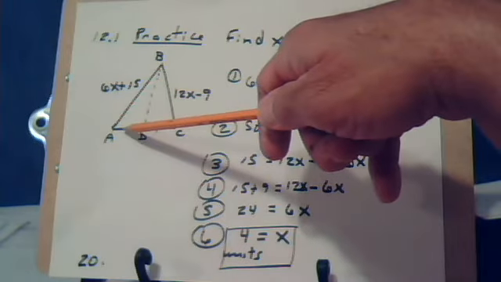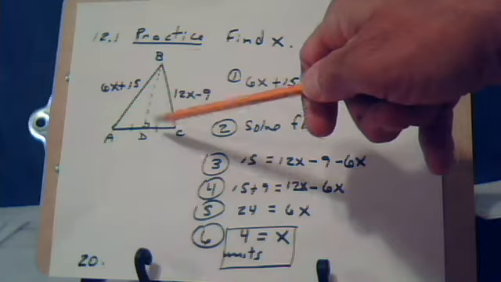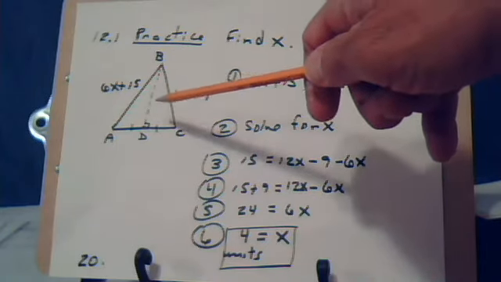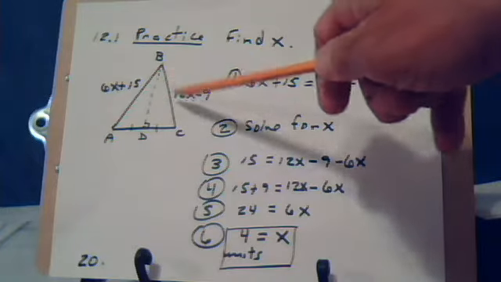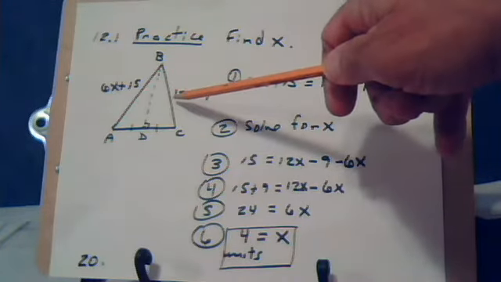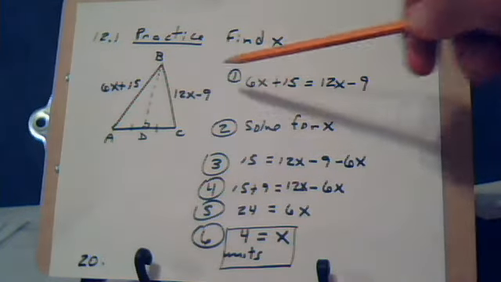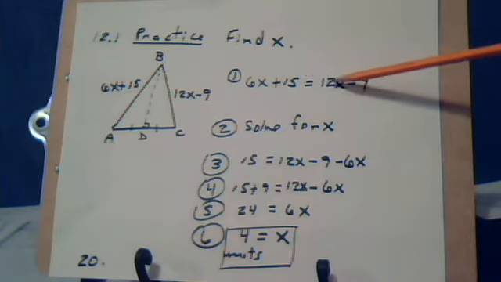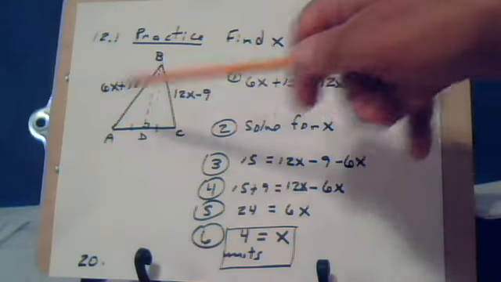So it broke this side of the triangle in half. That only happens if this triangle is isosceles, which means these 2 sides would have to be equal. So now we know that 6x plus 15 should equal 12x minus 9. That's how we know they're equal. These represent the sides of the isosceles triangle.